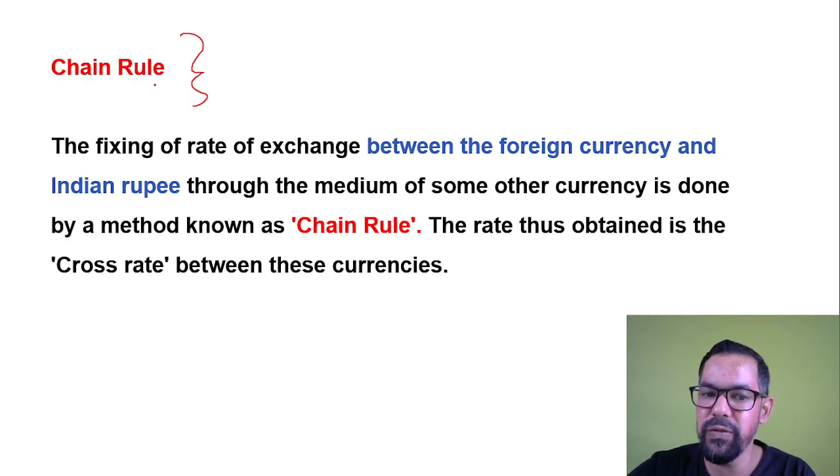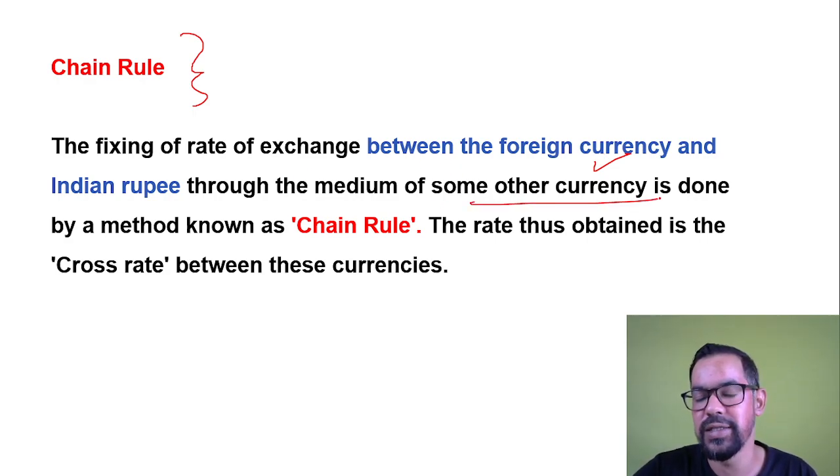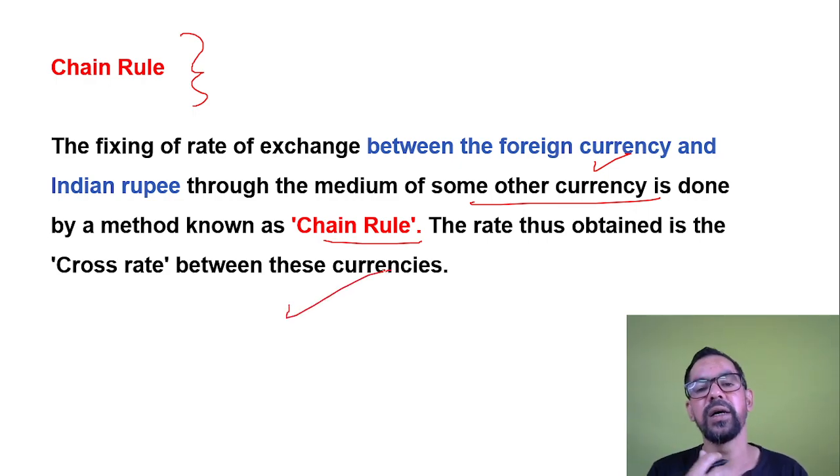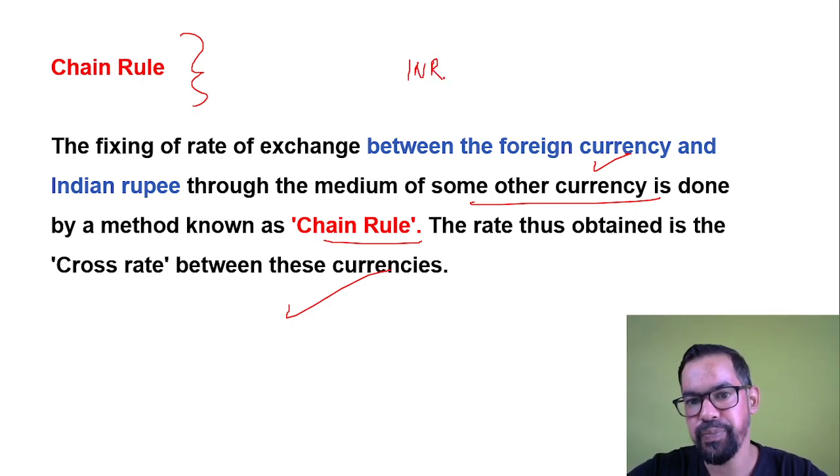So the fixing of the rate of exchange between the foreign currency and the Indian rupee through the medium of some other currency, as we use dollar, is known as chain rule. The rate thus obtained is the cross rate between these currencies. Hope this is clear. As I gave you the example of US dollar and yuan, we have to convert INR into renminbi, but we do not have a direct quotation.